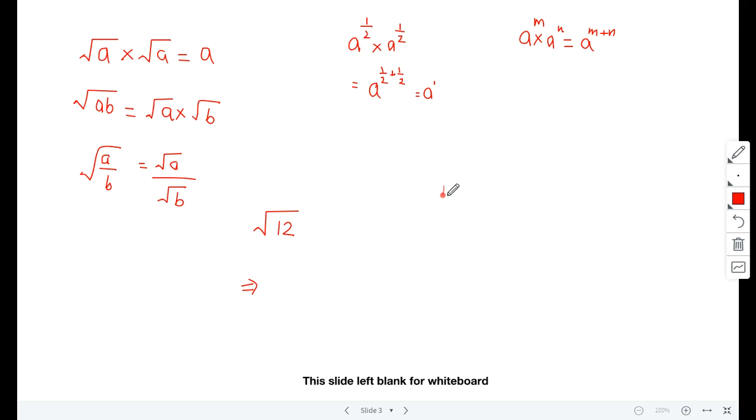You can write 12 as 4 into 3, or its prime factors are 2 multiplied by 2 multiplied by 3.